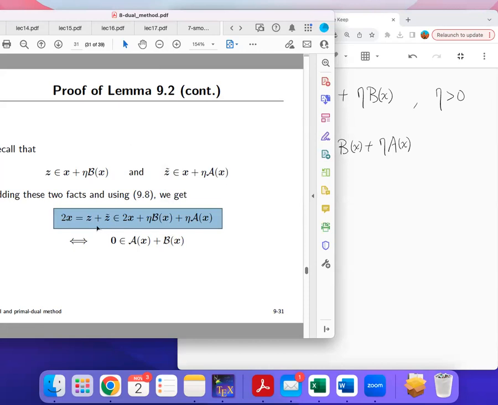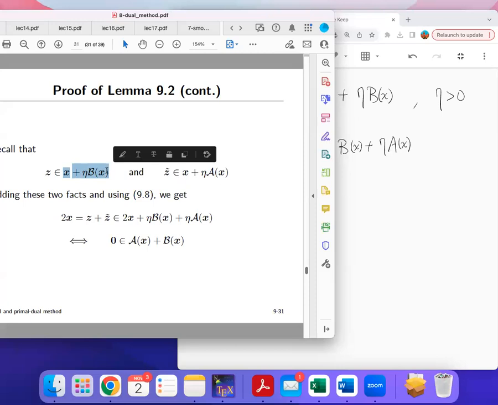And then we define z to be x plus eta Bx, and z tilde as x plus eta Ax. These are the two auxiliary variables that we introduce. Basically, we distribute these 2x to these two terms evenly. One would be regarded as z, the other as z tilde.